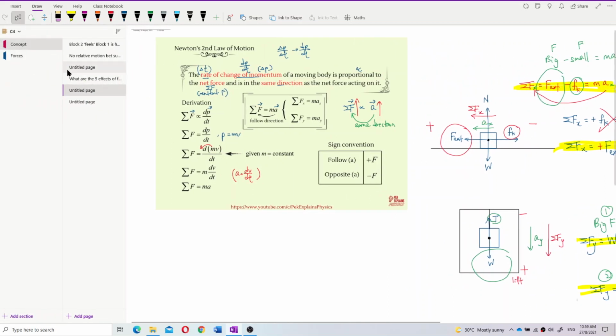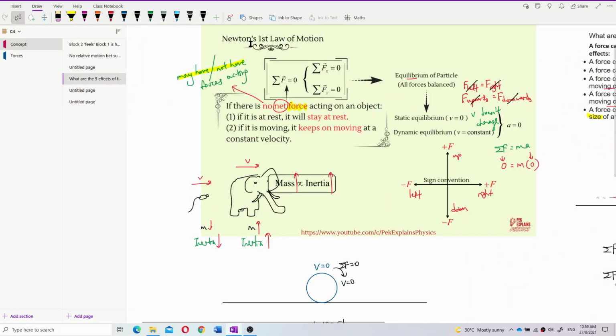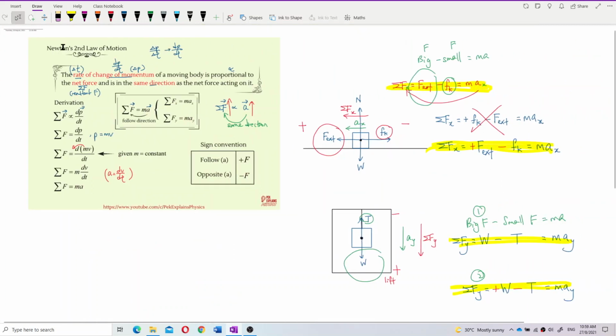The sign convention for Newton's second law is different from the sign convention for Newton's first law. So remember that. For Newton's second law, we need to look at acceleration. Go which way? Follow acceleration, positive force. The forces that are opposite the acceleration, we put negative force. Okay, so that's all for Newton's second law.